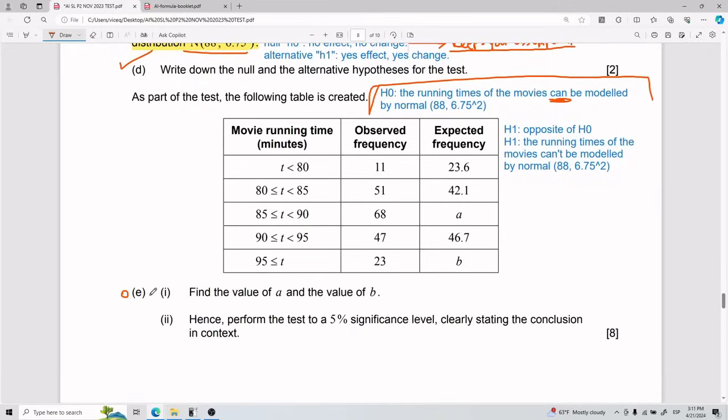Then for part E, we're going to find the value of A and the value of B. From here, we take a look at our graph and see what they propose. For example, for the running time, if you have t less than 80, the observed frequency is 11. So they had 11 movies that were less than 80, and its expected is 23.6.